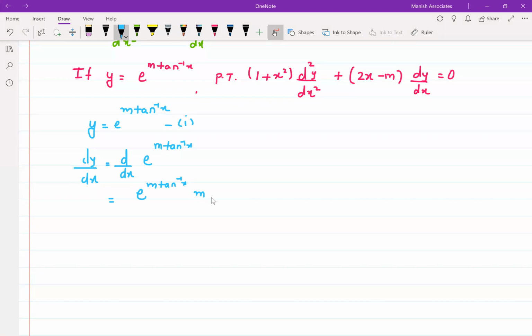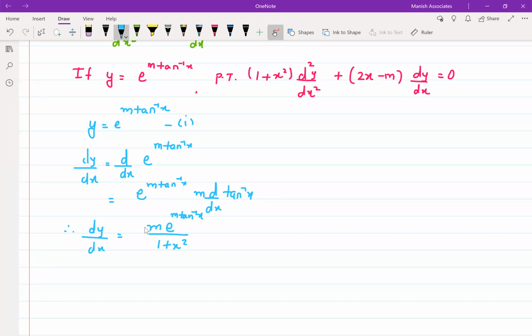So m बाहर आ जाएगा. We get d by dx of tan inverse of x. So therefore I can write dy by dx as m outside, e raised to m tan inverse of x, into derivative of tan inverse of x, which is 1 upon 1 plus x square. Correct?